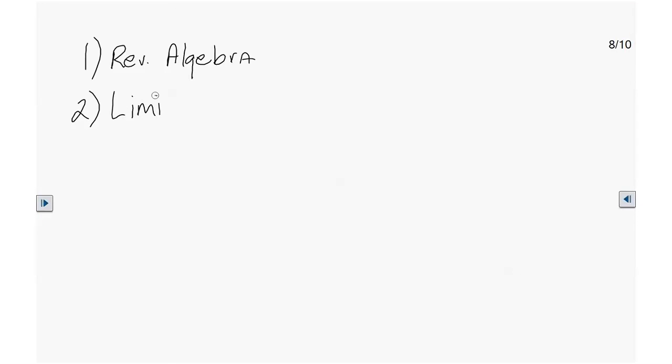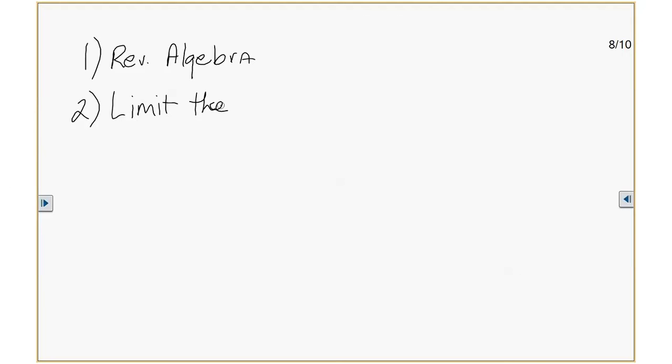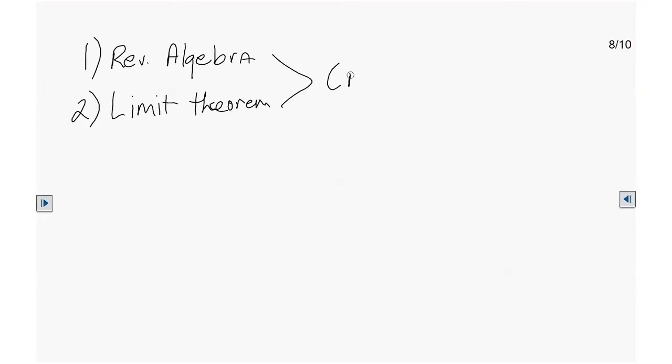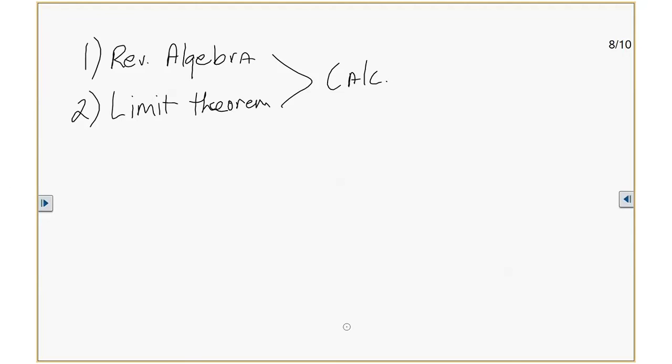Now, I'm going to show you the limit, and the limit theorem and all that good stuff. I'm not going to go through the theorem, but the whole point is you understand what the limit is. These two together give us calculus. Now, that's why I'm not worried about the identities right now.